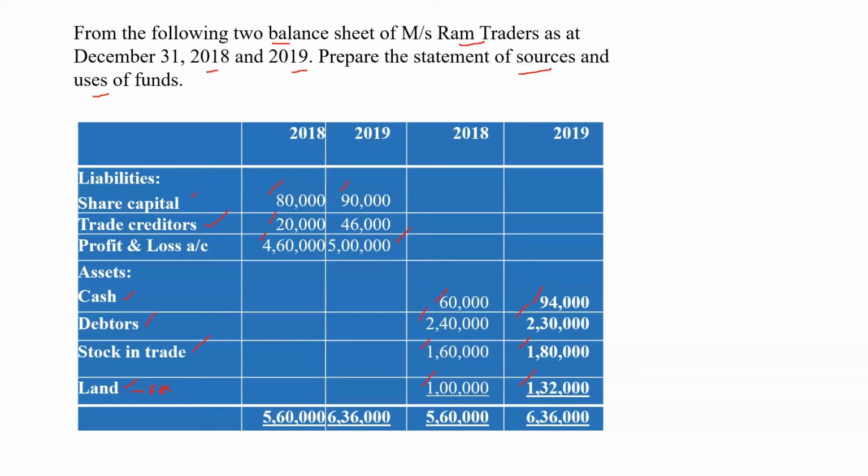First is share capital. So 80,000 and 90,000. So I am preparing a ledger for share capital. Share capital account. It's the credit side. Share capital being a liability side item, opening balance will always appear on the credit side.